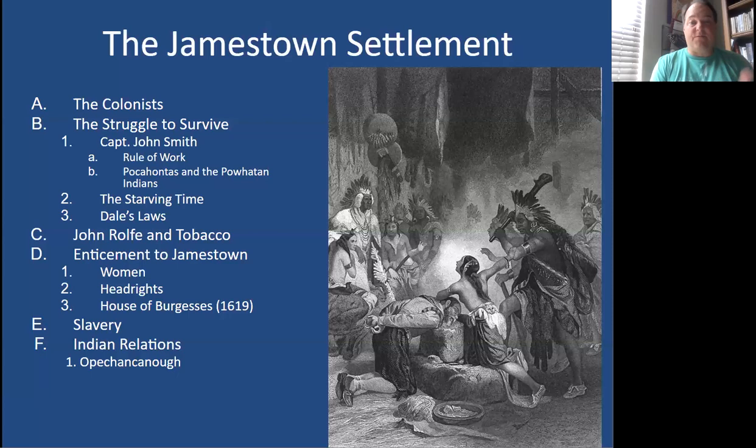That was his rule. If the man does not work, don't let him eat. Something from the Apostle Paul, actually. This was a biblical pronouncement that John Smith says, if a man does not work, do not let him eat. Well, that does bring some order to the colony, but they're still going to struggle quite a bit.